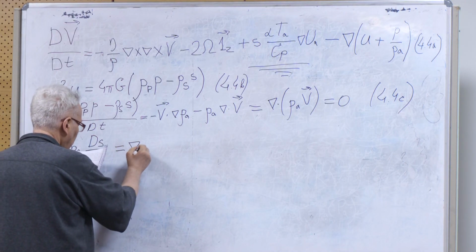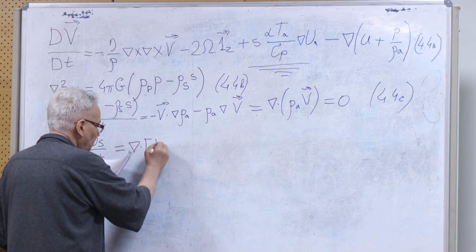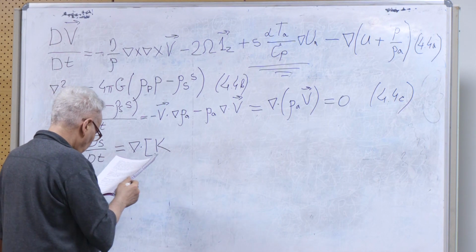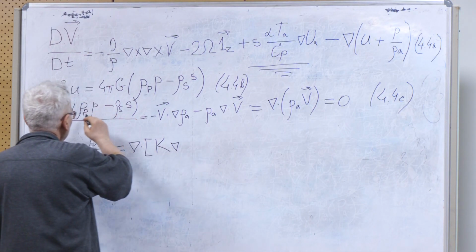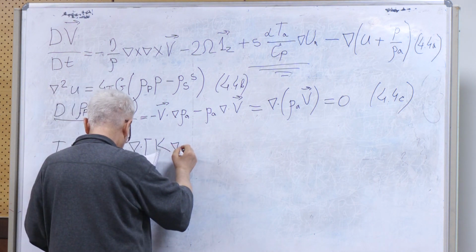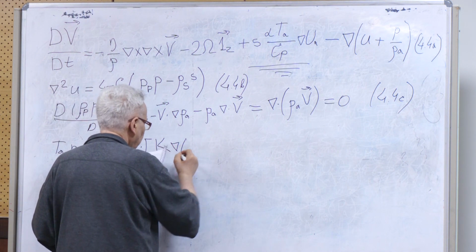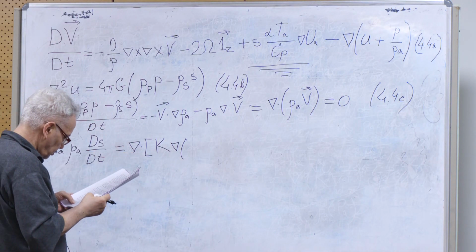We have the gradient of the transfer coefficient multiplied again by this bracket. Again, we use this bracket, but not exactly this bracket, but in relation to the temperature, of course.